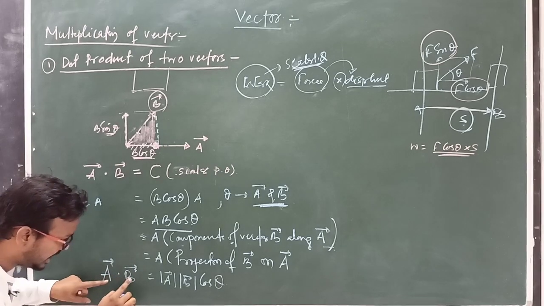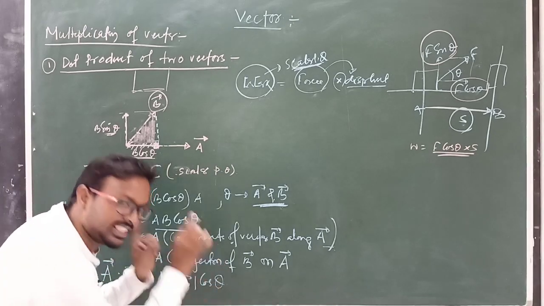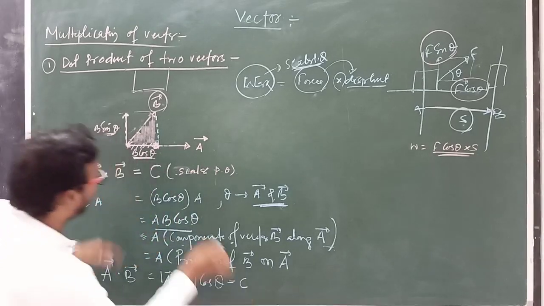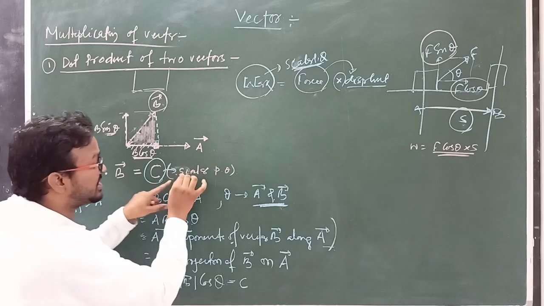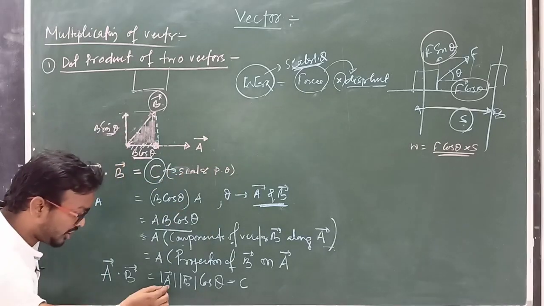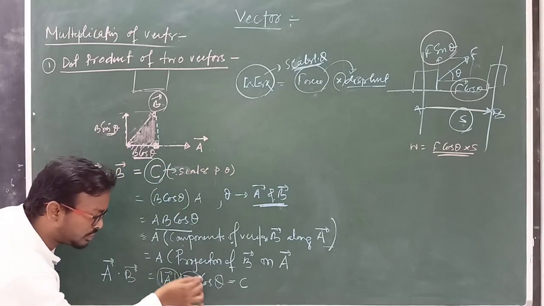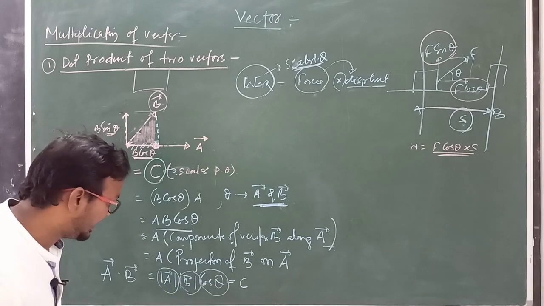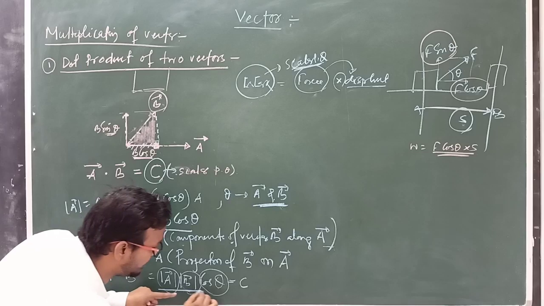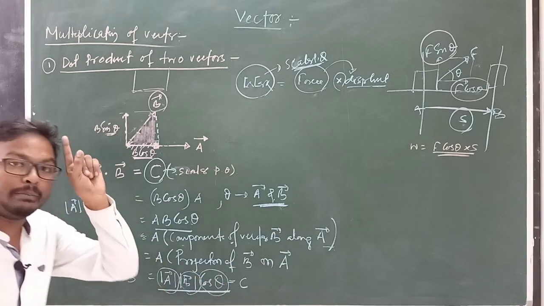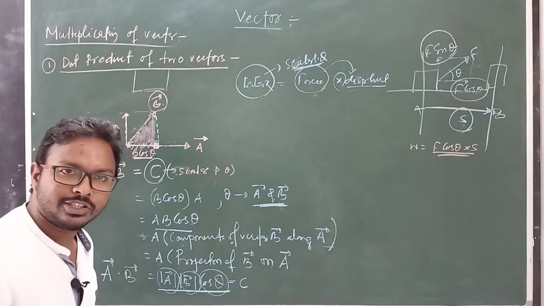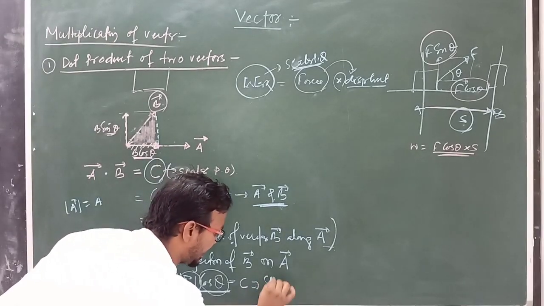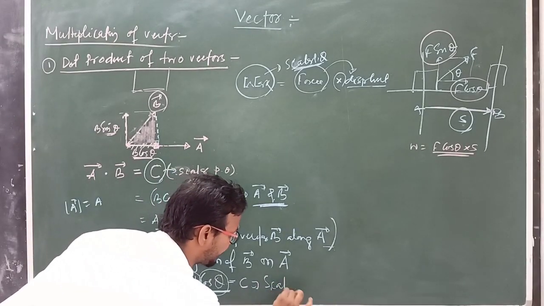A dot B equal to AB cos theta, and this is, you can say, C. I am writing here C, and C is your scalar quantity. Why? Because this is magnitude and B also magnitude, and cos theta also trigonometric function. Clear? And this total term will give only a magnitude or numerical value here. Clear? So that's why we get here a scalar quantity.